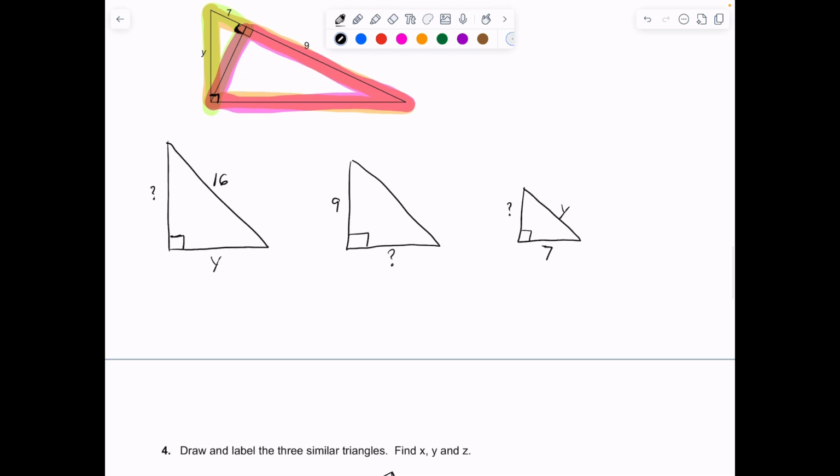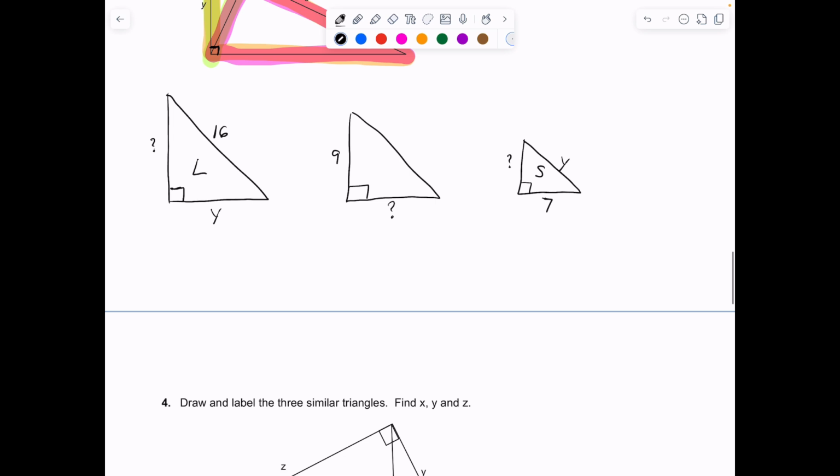Okay, so let's see if we can figure out what we can set up here. Let's go ahead and go from the large to small to set this up. So I'm going to go 16 over y, that's hypotenuse to hypotenuse, equals y, the base of my large one, over 7, which is the base of the small one.